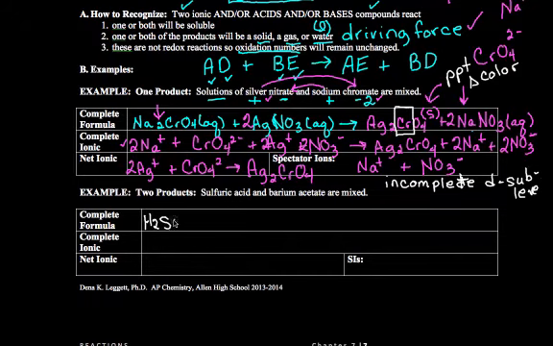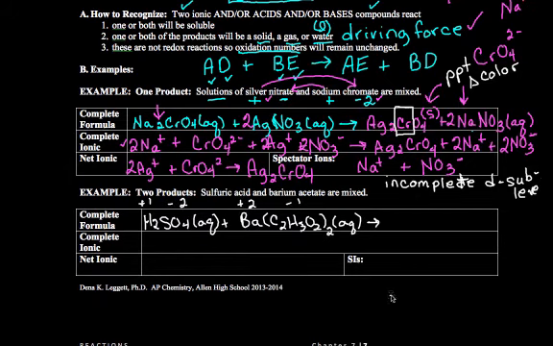I'm going to do this next one quickly. I have sulfuric acid, aqueous, acids by definition are aqueous, plus barium acetate, Ba(C2H3O2)2. That's said solution of, so that's aqueous. All right, since sulfuric acid is made of +1 H and -2 sulfate and +2 barium and -1 acetate, I'm going to get 2 acetic acids.